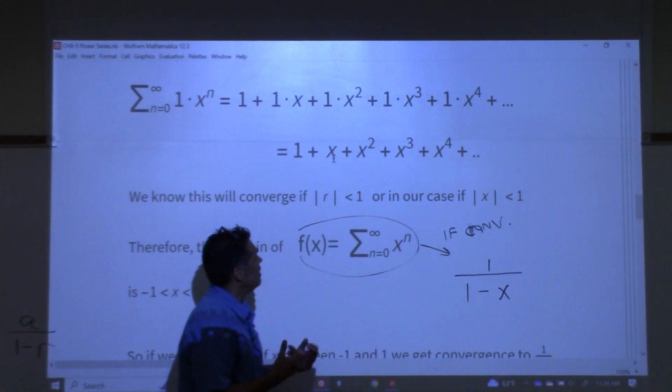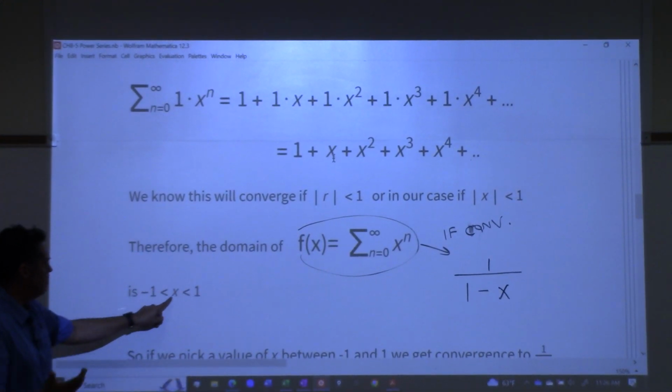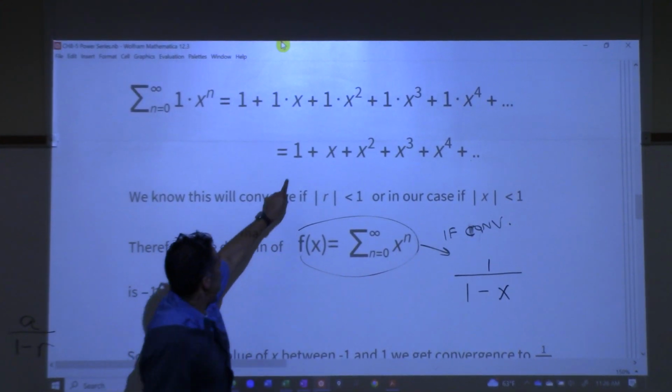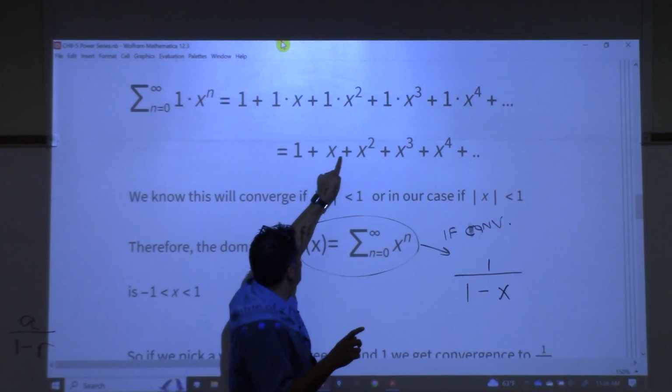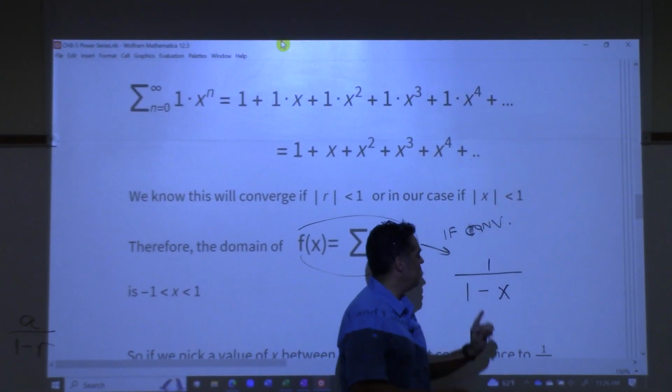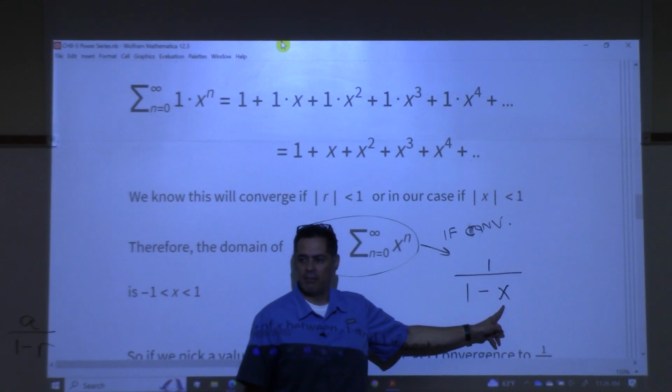So that means give me a number between here and here, 1/2, right? If I do on my calculator 1 plus 1/2 plus 1/2 squared plus 1/2 cubed plus and so on, if I did that forever, it would be the same as plugging 1/2 into this.